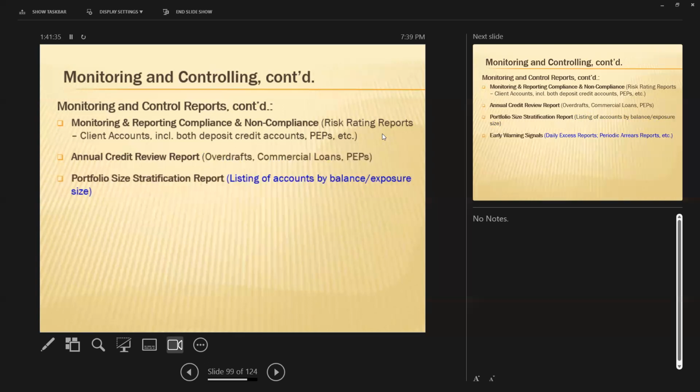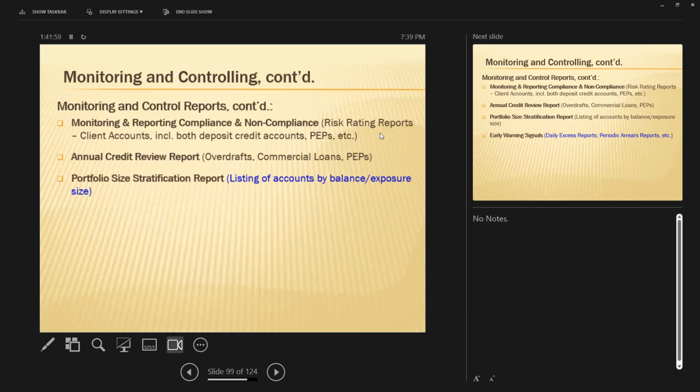Portfolio size stratification report. This is a listing of all accounts by balance or exposure size. So, for example, you may say accounts 20,000 and above, 50,000 above, 100,000 above, 500,000 above. That kind of thing. So it'll show you the portfolio by size.